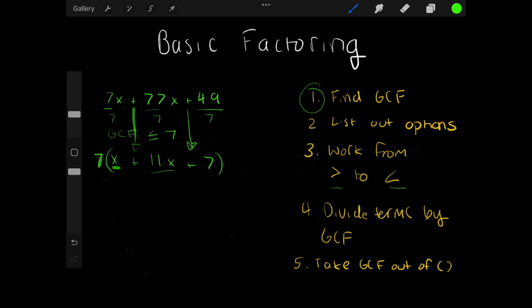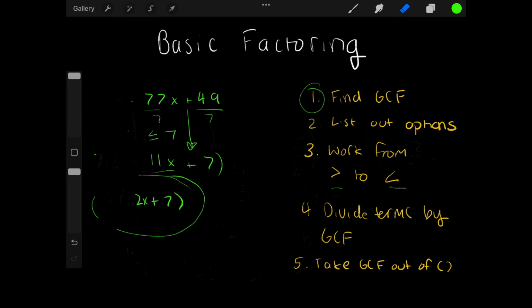Since those are like terms, we can combine them. So we'll get 7 times 12x plus 7. Now notice how combining the x and the 11x at the very end was easier than combining the 7x and the 77x at the beginning and then having to find a greatest common factor. Doing it at the end just makes the process a lot easier. So that would be our answer.